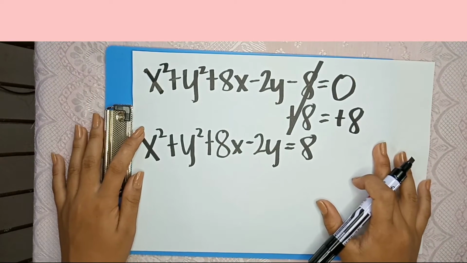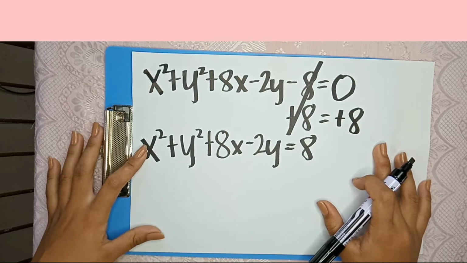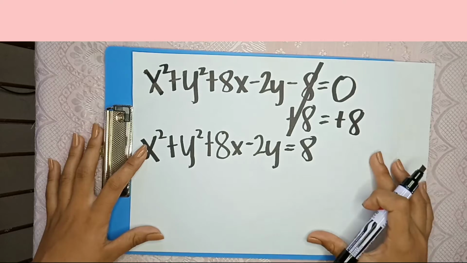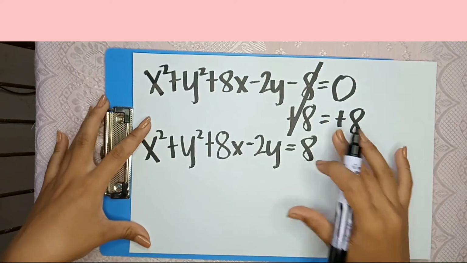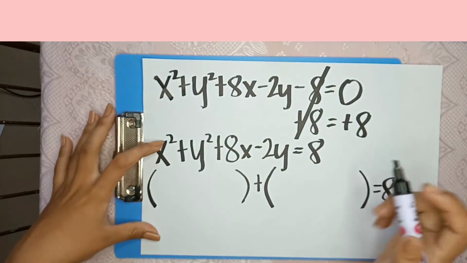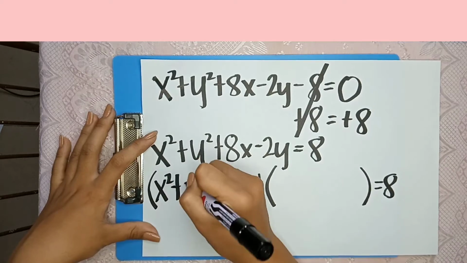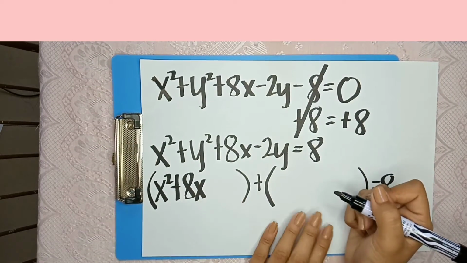The second step that we have to do is apply completing the square, where we group all the x terms and the y terms. To do that, we group them and put them in parentheses. X squared plus 8x, and we have to leave a little space here.